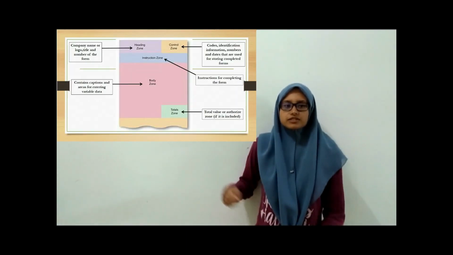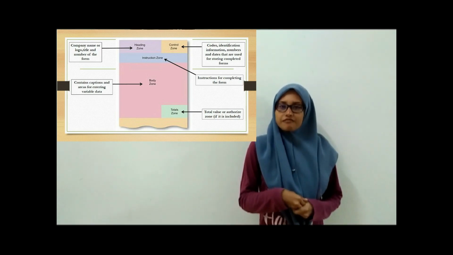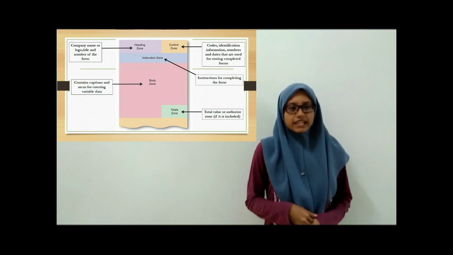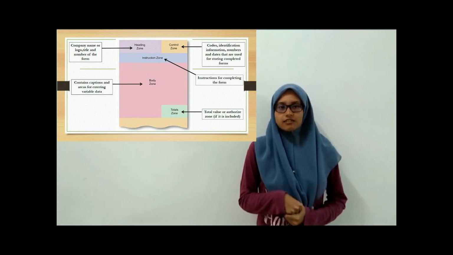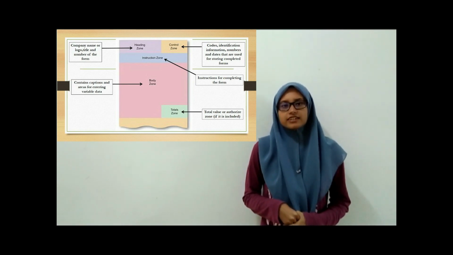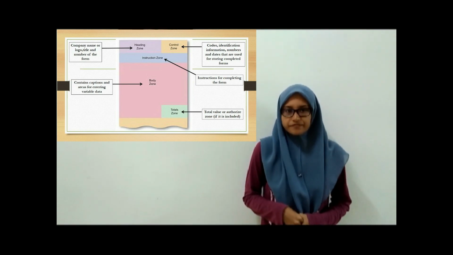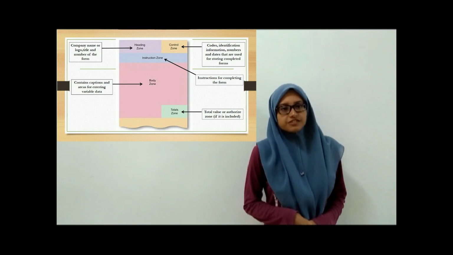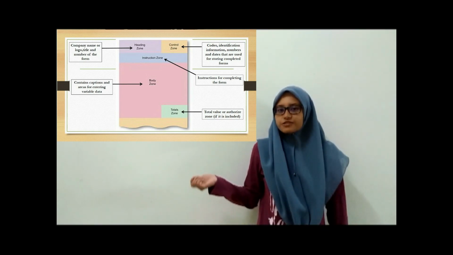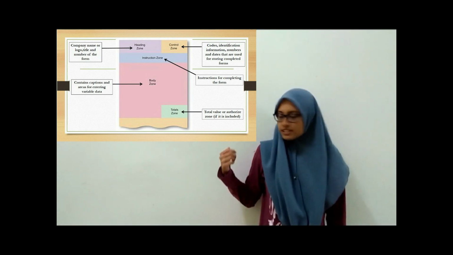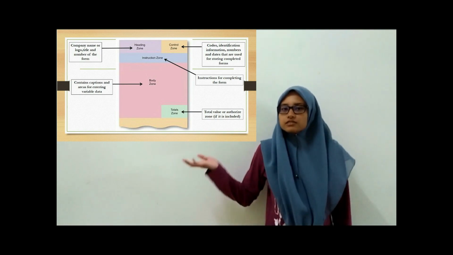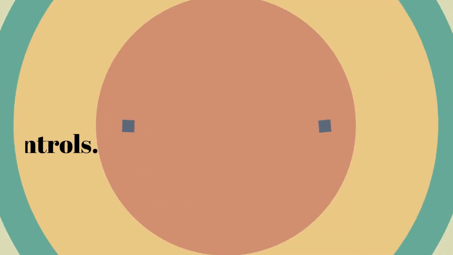The form layout should give the user a thumbnail view of the current form. The heading zone should have the company name, logo, or the title. The body zone should have captions and areas to enter the data. The instruction zone is to give instructions to complete the form. The control zone is to identify the information, number, and the date. The authorization zone is to give the authorization of the user.